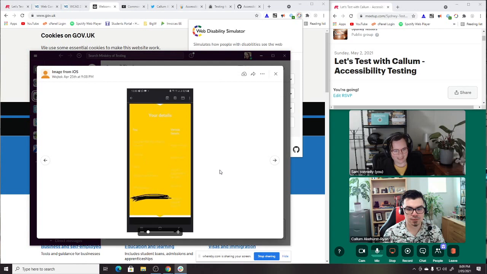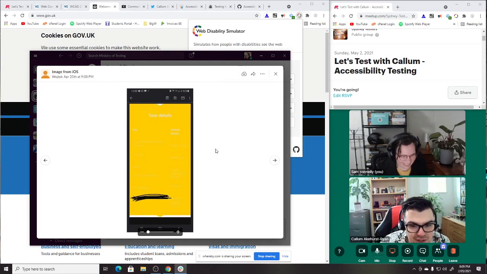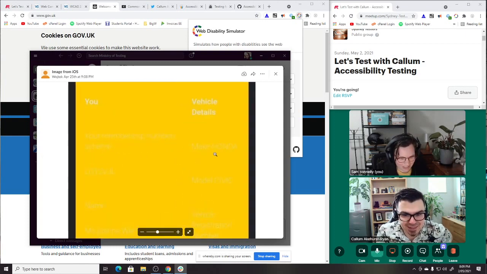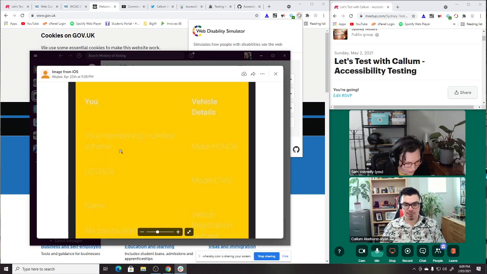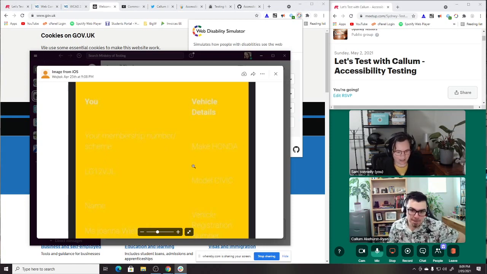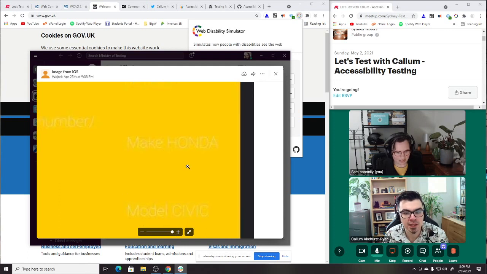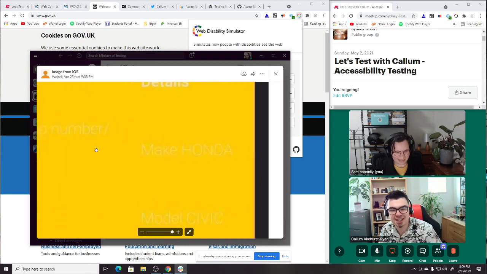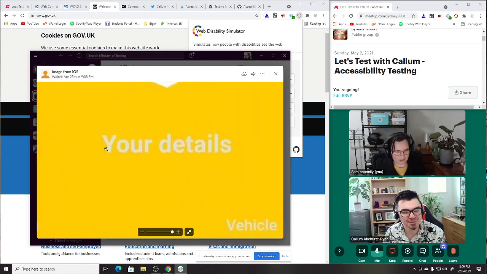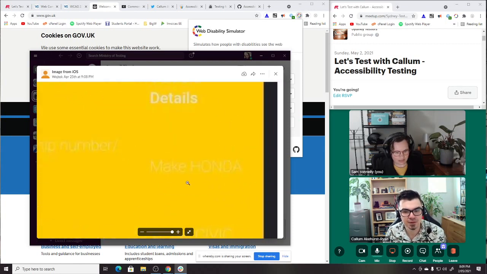Look at this report. Yep. And you think, what's happening there? I can't read this at all. Even if I zoom in a little bit, I can make out some of those. Make Honda, model CMC, yeah. So it was a vehicle registration form, I think.